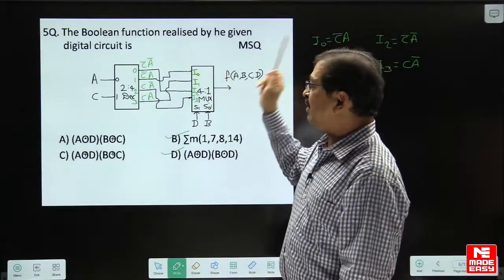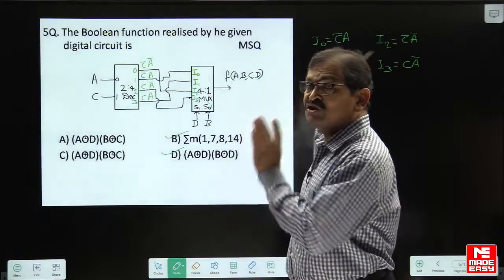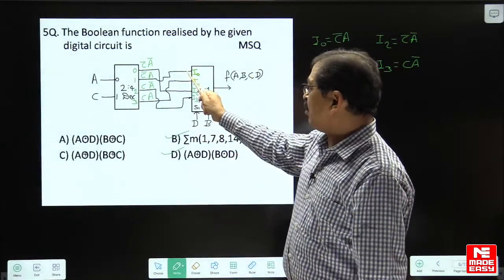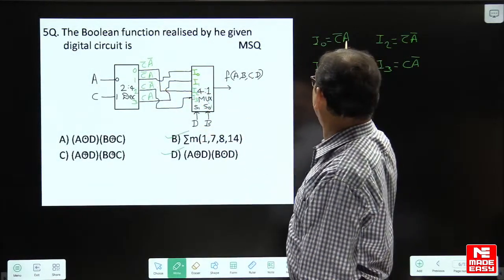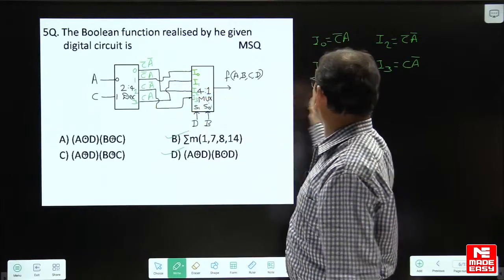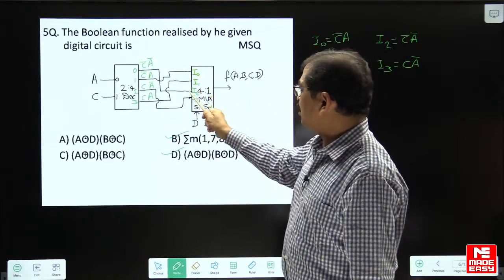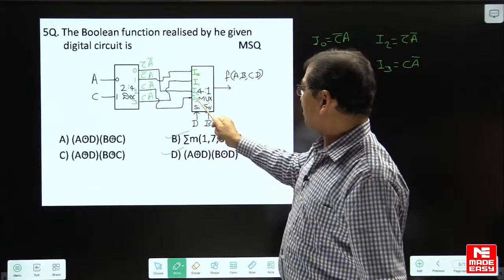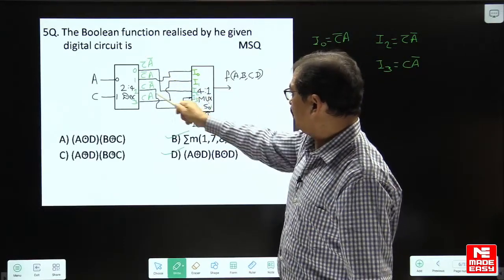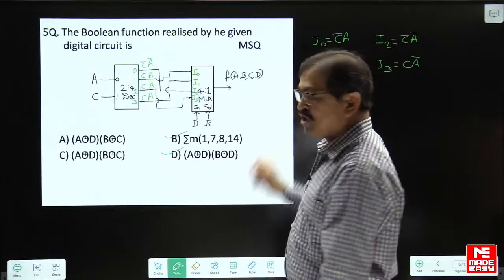You have to cross-check well; if any mistake is there, then our answer for reading the function is going to be wrong. So I0 is connected to C complement A. I1 is connected to CA. I2 of this multiplexer is connected to C complement A complement. I3 input of the multiplexer is connected to CA complement.